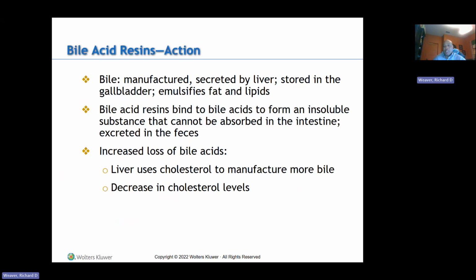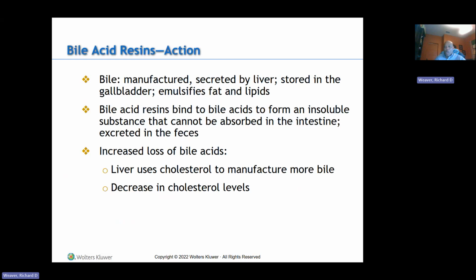Now, what this bile does is it emulsifies fats as well as lipids as these products pass through the intestine. And so when we consume a meal and foods that contain fat and also cholesterol, as they pass through the intestine, they're going to be broken down.